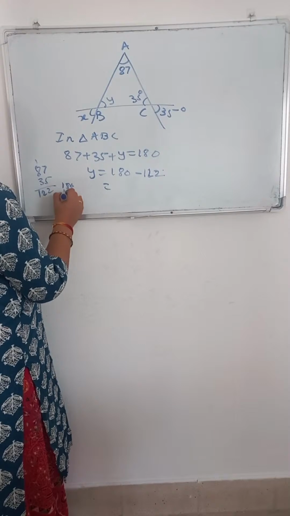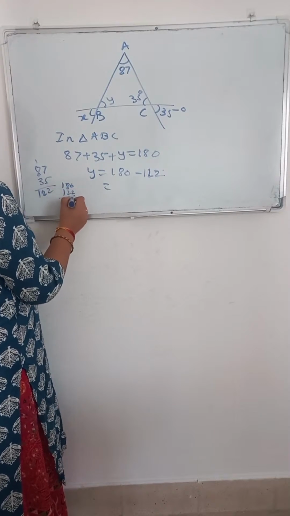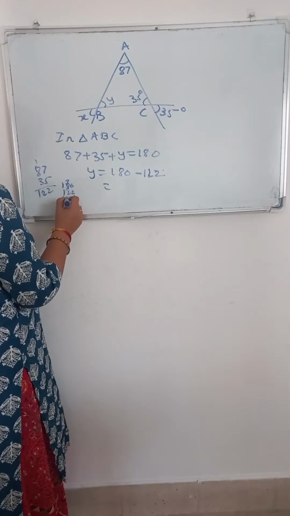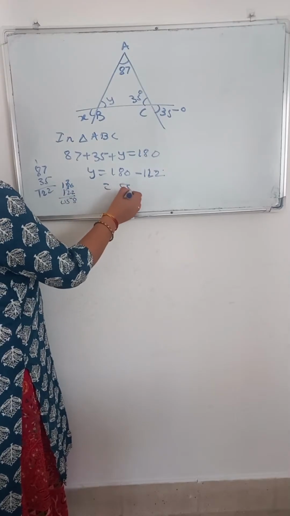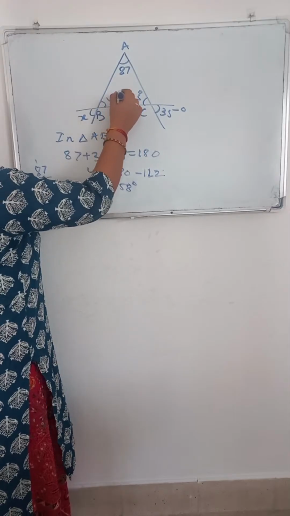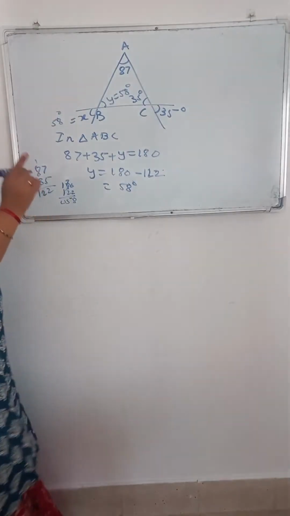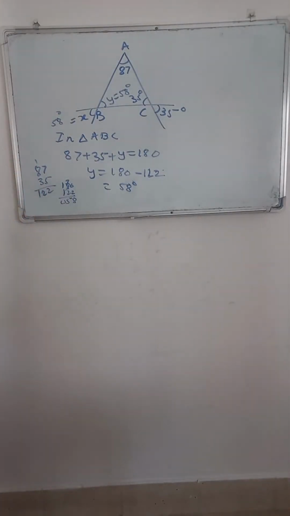If I subtract 122 from 180, I get 58 degrees. So y is 58 degrees. Then x is also 58 degrees because they are vertically opposite angles. So this is the answer.